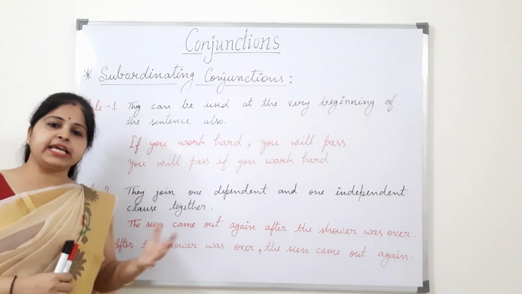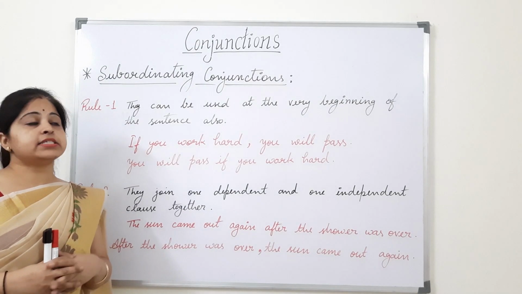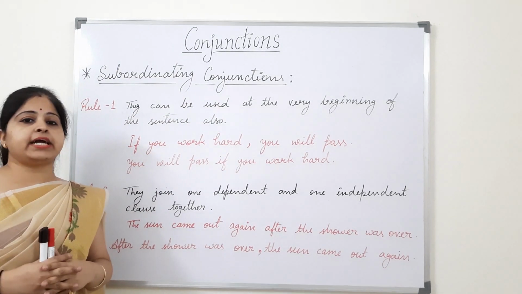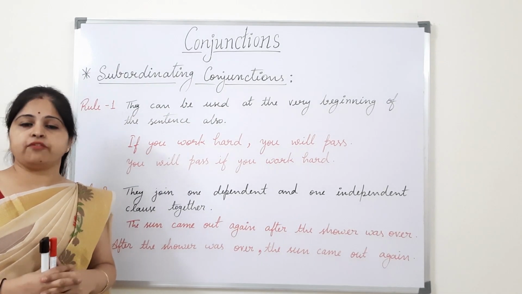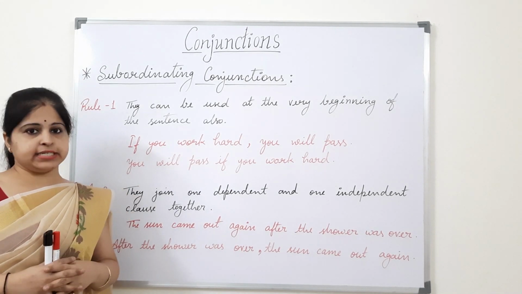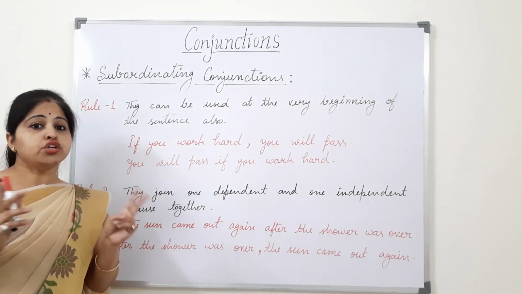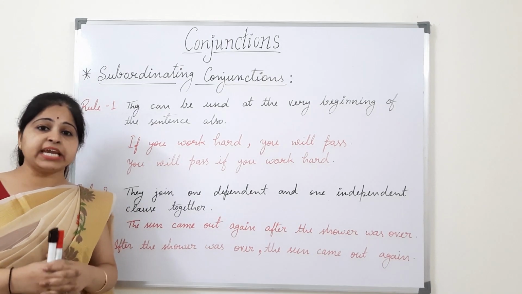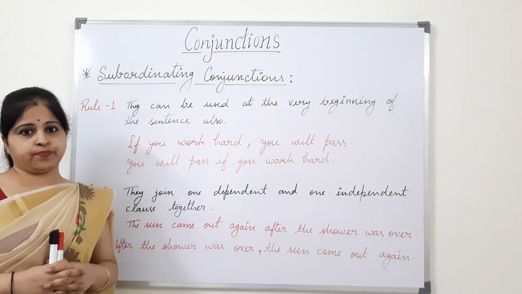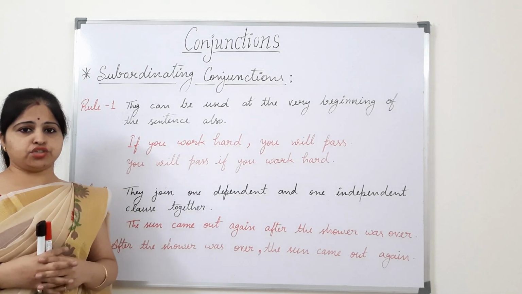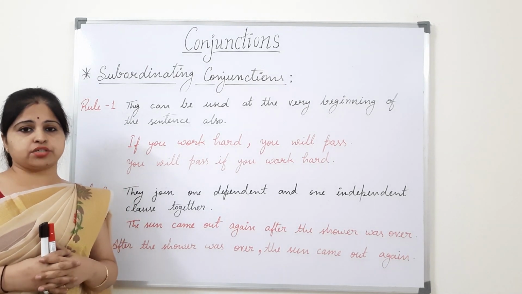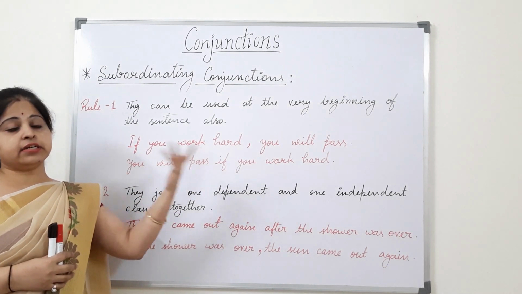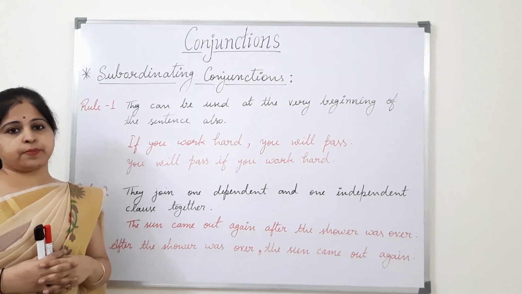So children, the next kind of conjunctions are subordinating conjunctions. We know that coordinating conjunctions are always used in between the sentence. And when they join two clauses, they both are equally important, meaning they both are independent clauses. Unlike coordinating conjunctions, subordinating conjunctions join one dependent and one independent clause.